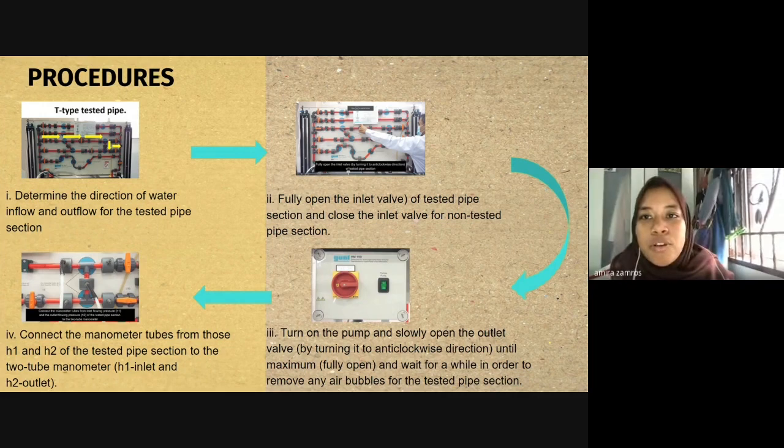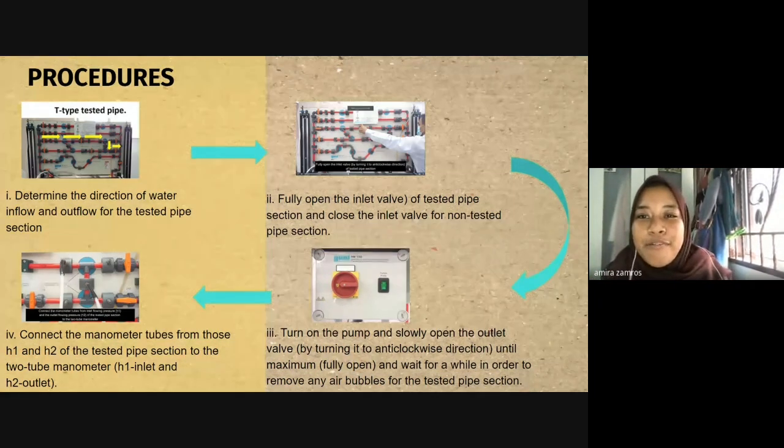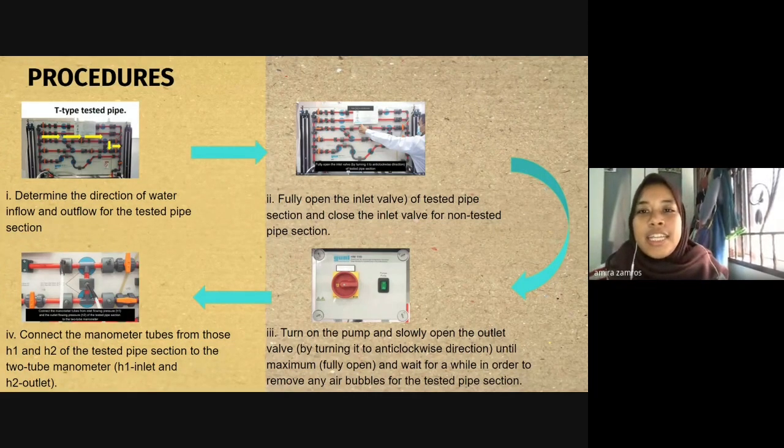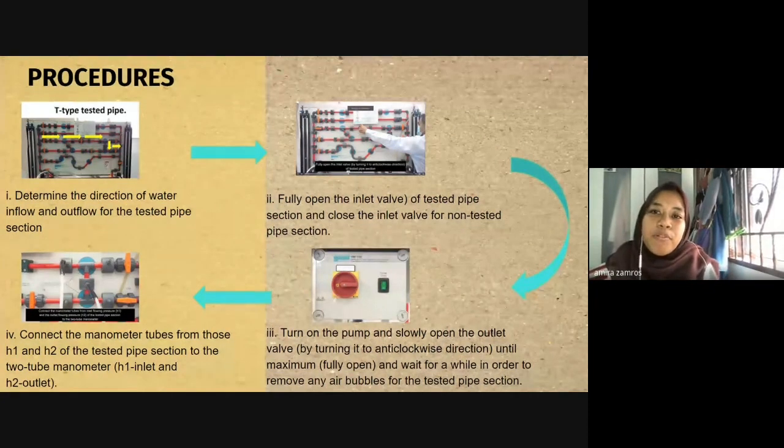Next, we need to fully open the inlet valve of the tested pipe section and close the inlet valve for the non-tested pipe section. Then we turn on the pump and slowly open the outlet valve by turning it anti-clockwise until fully open, and wait for a while in order to remove any air bubbles.